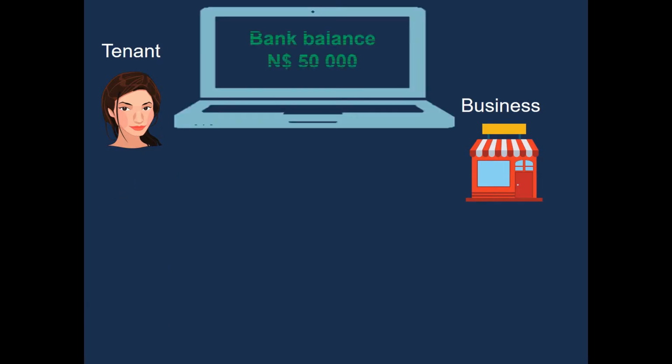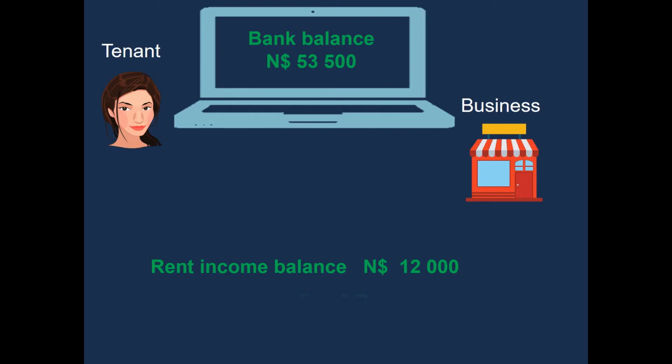So the business had a bank balance of 50,000 Namibian dollars. It received money in the form of rental income with a value of $3,500. Therefore, its new bank balance will be 53,500 Namibian dollars. Also, the total for the business's rental income is 12,000 Namibian dollars.